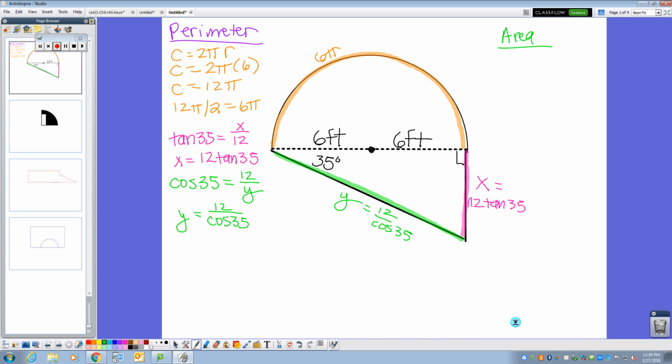So the perimeter of my shape, I'm going to add those three numbers. My 6 pi plus 12 tan 35 plus 12 over cosine 35, and enter the whole thing into the calculator.